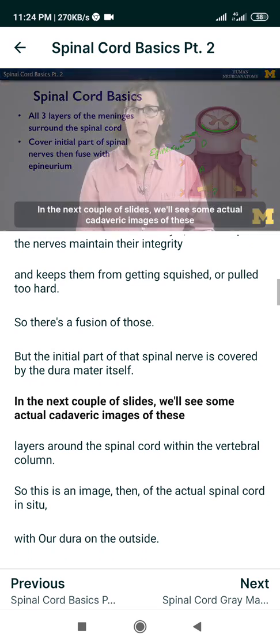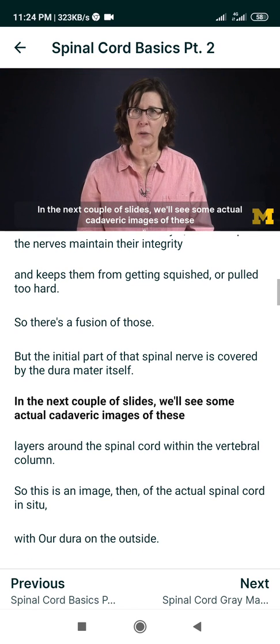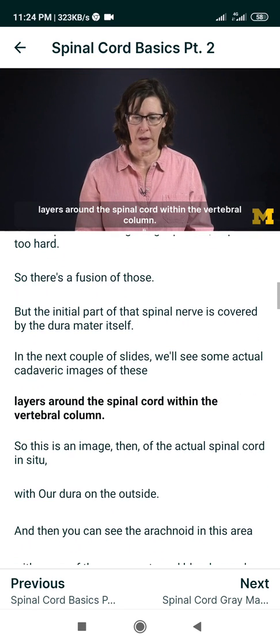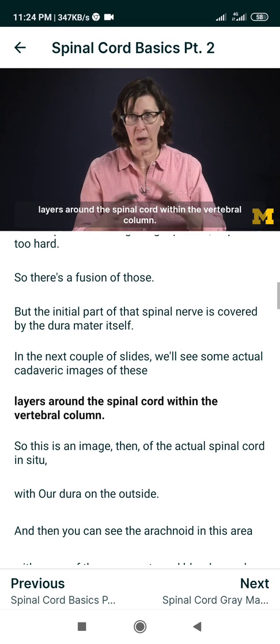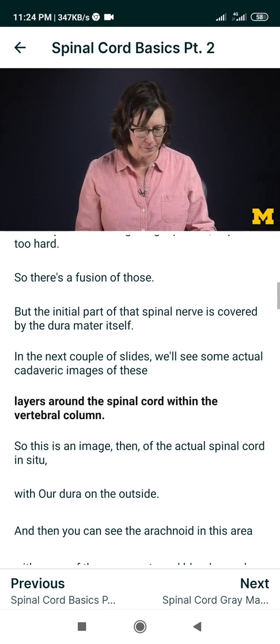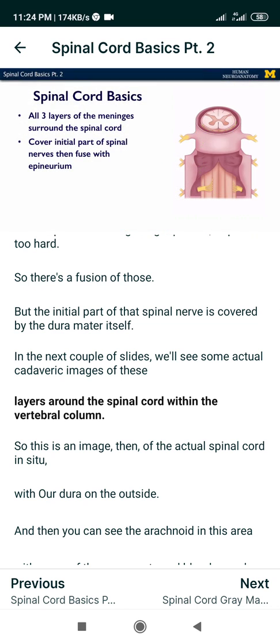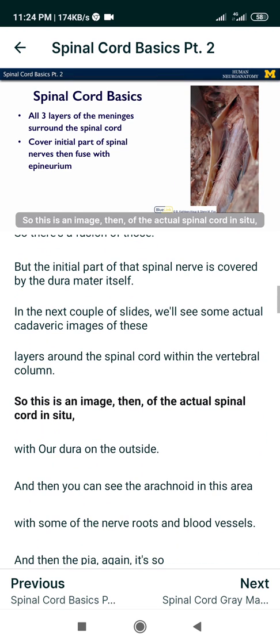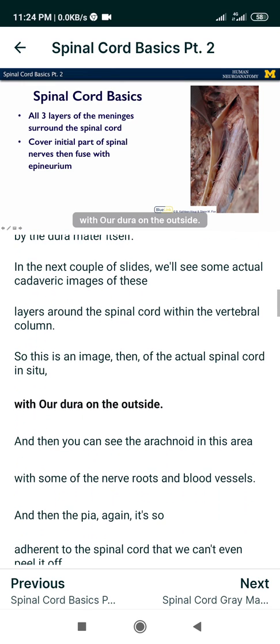In the next couple of slides, we'll see some actual cadaveric images of these layers around the spinal cord, within the vertebral column. So this is an image of the actual spinal cord in situ with our dura on the outside.